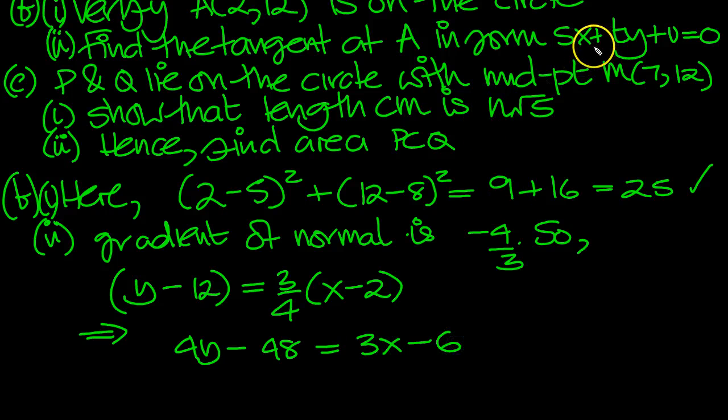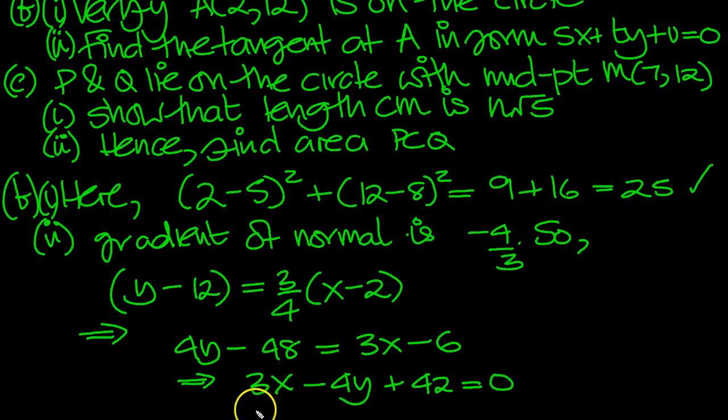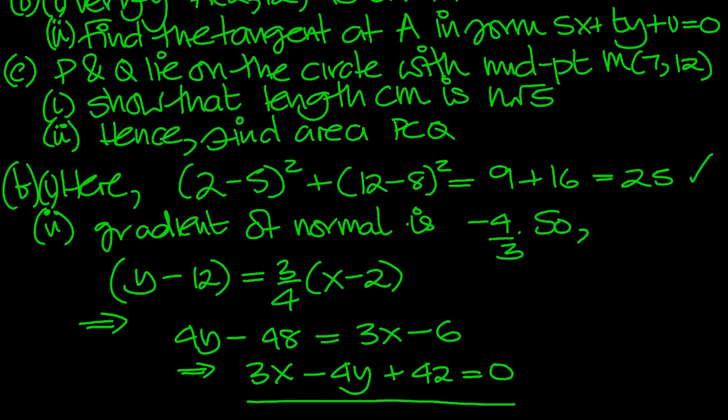We need to write it in the form of this plus this. So move the 4y over: 3x minus 4y, then move the 48 over, plus 48 take away 6 is plus 42, equals 0. So there's our equation of the tangent.